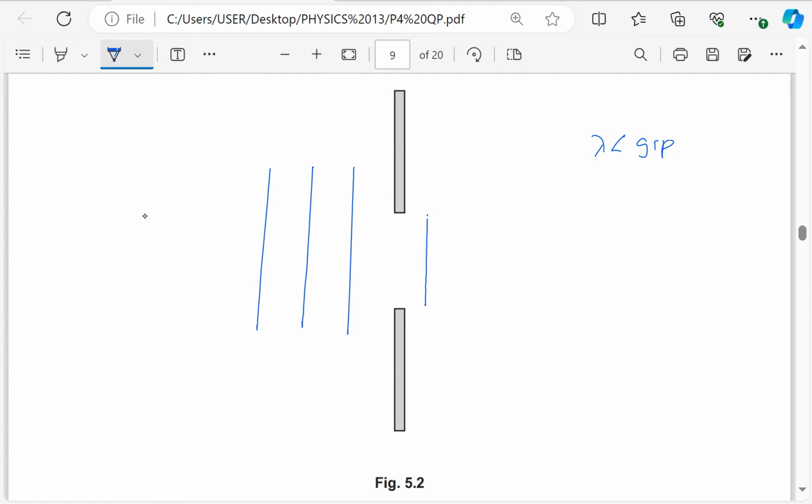But the wavelength is going to remain the same, so I have to estimate the wavelength to be approximately 1.1 centimeters. But then they will just slightly curve at the edges. So I'll curve these ones at the edges.